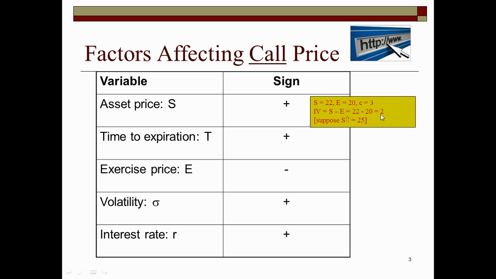Remember, transactionally, because an option gives you the right, not an obligation, if it is out of the money in that the intrinsic value would otherwise be negative, then you would not exercise the option. You would simply let the option expire, in which case truly the intrinsic value of the option becomes 0.